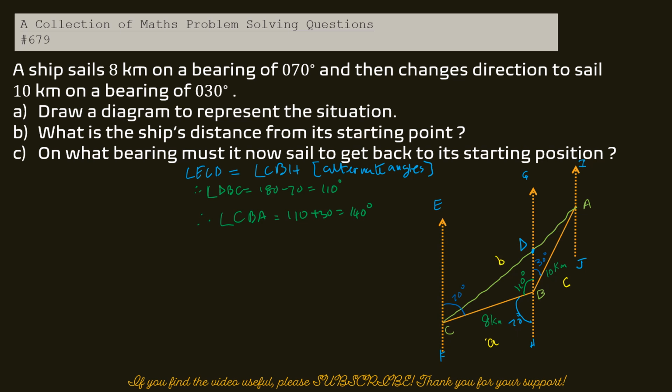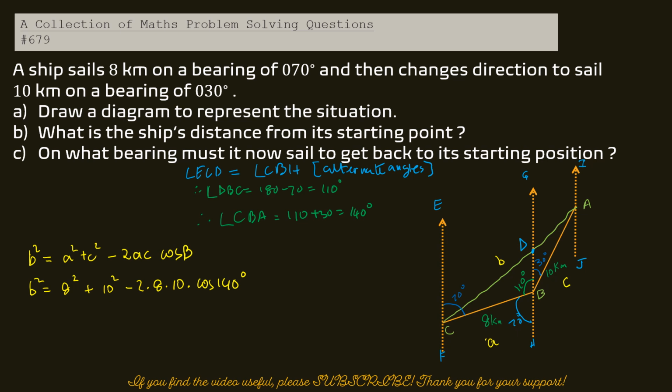So I can write b squared equals a squared plus c squared minus 2ac cos B. So b squared equals 8 squared plus 10 squared minus 2 times 8 times 10 times cos of 140 degrees.